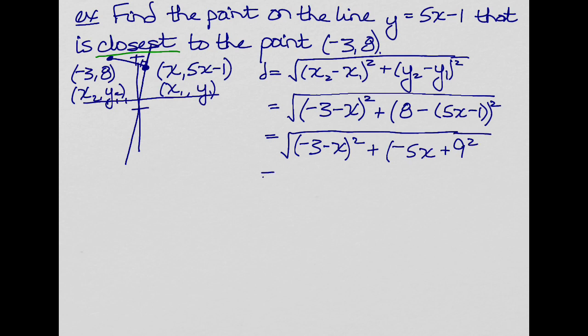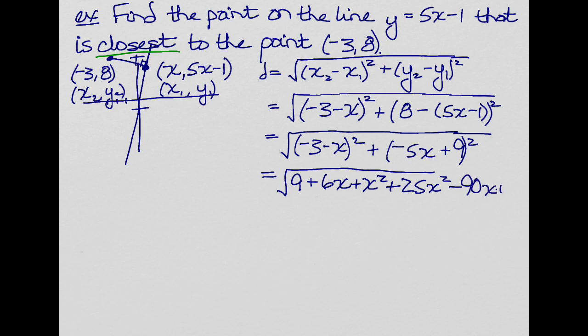And let's go ahead and square them out. We are going to have to take a derivative eventually, so whatever we can do to make that easier is a good idea. I'm going to go ahead and square, and we'll square this one. 25x squared. 2 times 5 is 10 times 9 is 90. 81, and there we go.